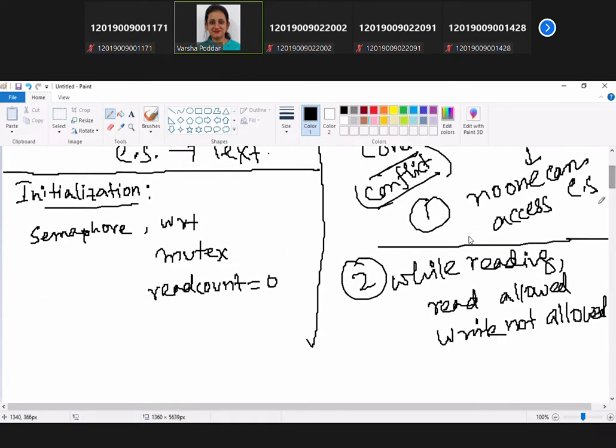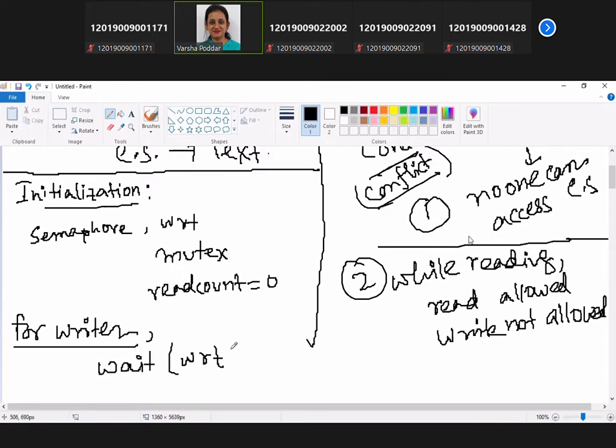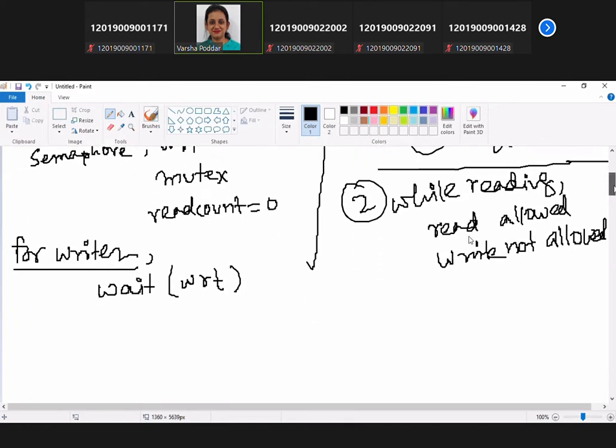Now, if I do it for the writer, it is very, very simple. Wait WRT, here WRT is my semaphore. So wait WRT, any name you can give or else you can use S. No problem. Then the write operation, whatever you have. So for the writer, it is easy, right?